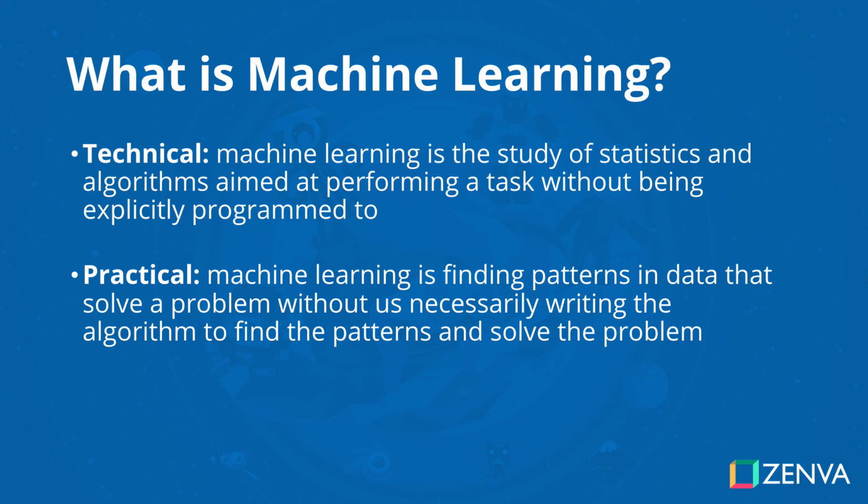But the second thing that's really important is that it's not programmed explicitly to necessarily solve that problem or to improve over time. Okay, so the learning aspect of it is actually not something that we ourselves necessarily program in. It kind of figures out what it should and shouldn't be doing based on the data that it sees.